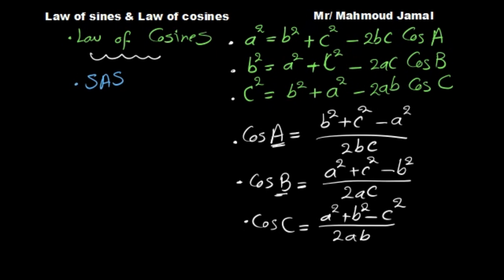But in this case, the angle has to be included between the two sides. If we have a triangle like this and we know the length of these two sides, I have to know the measure of this angle, the angle included between the other two sides.